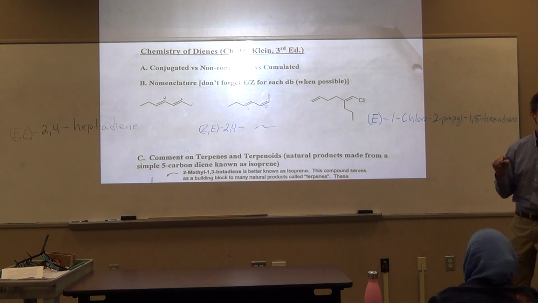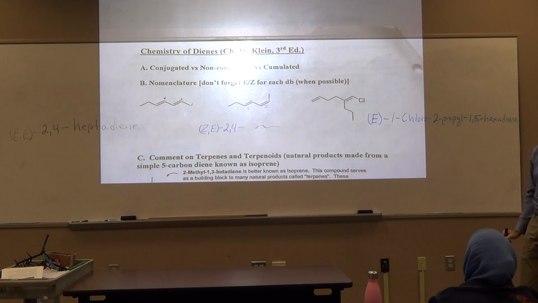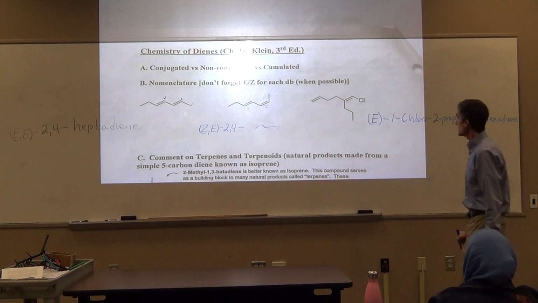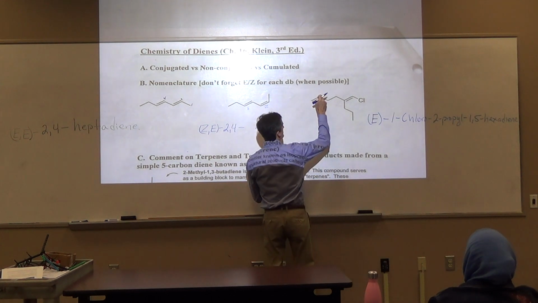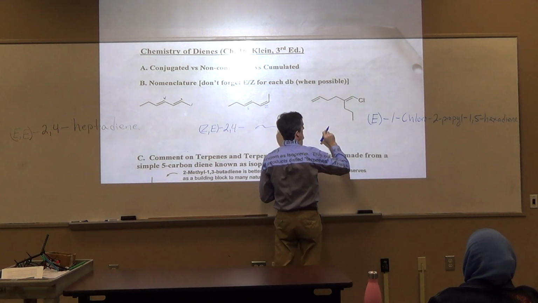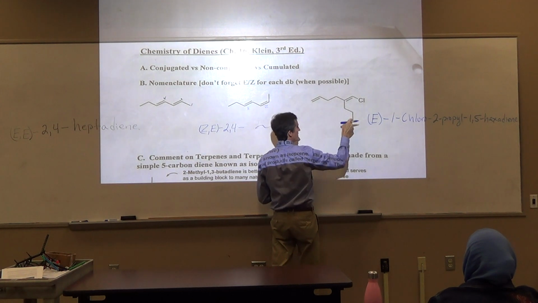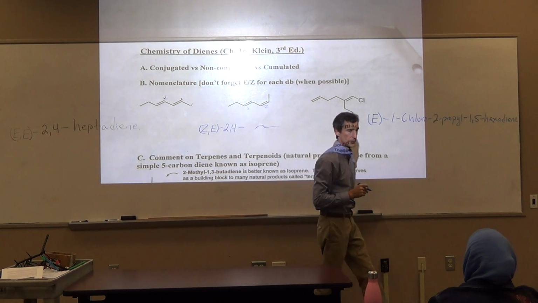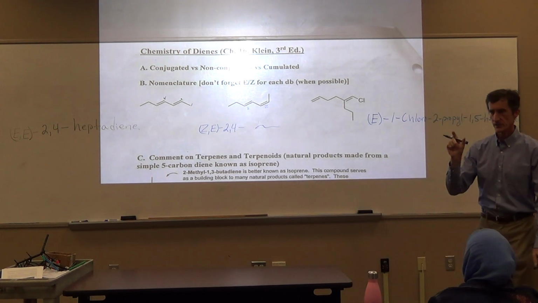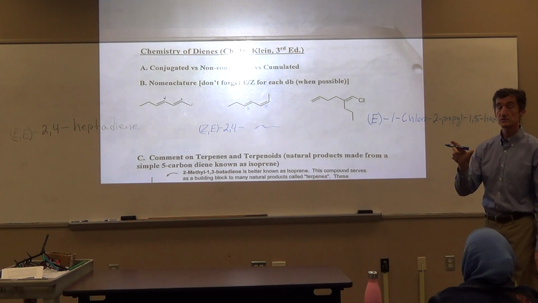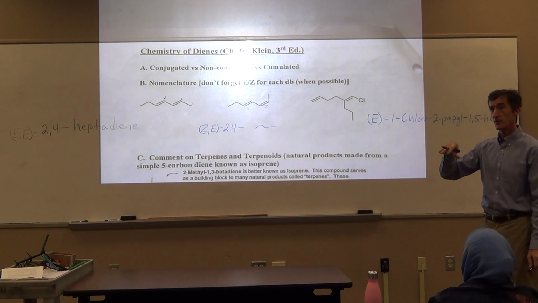Anybody have something else? Longest continuous chain: 1, 2, 3, 4, 5, 6. Why not 1, 2, 3, 4, 5, 6, 7, 8? Because just like with alkenes, the double bond or double bonds all need to be within the longest continuous chain.